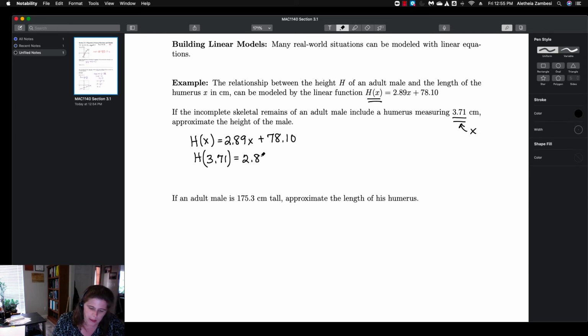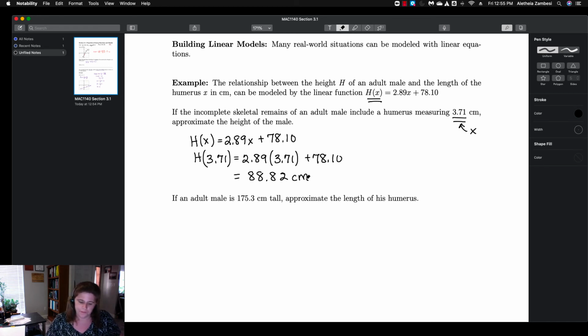And 2.89 times 3.71, there's my x, plus 78.10. Simplifying the arithmetic with my calculator, 2.89 times 3.71 plus 78.10 gives me a height of 88.82 centimeters.